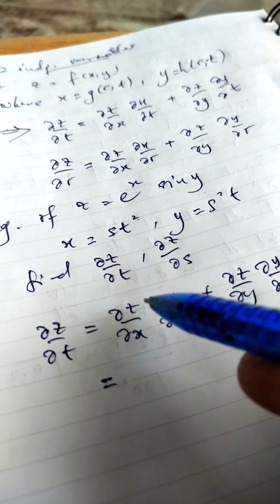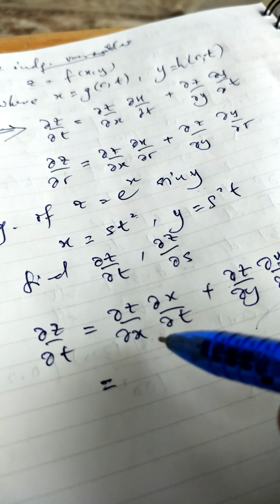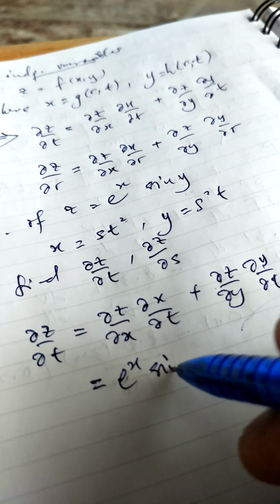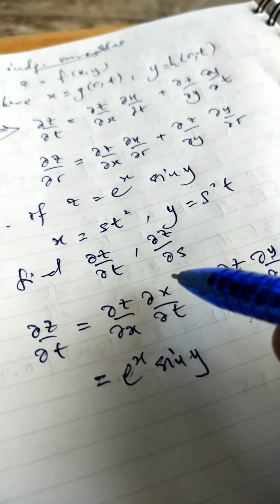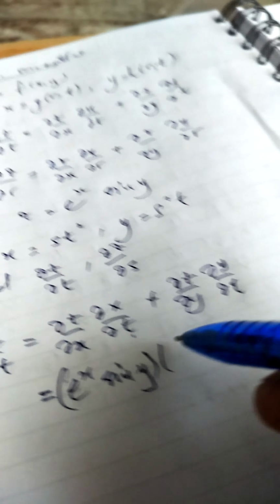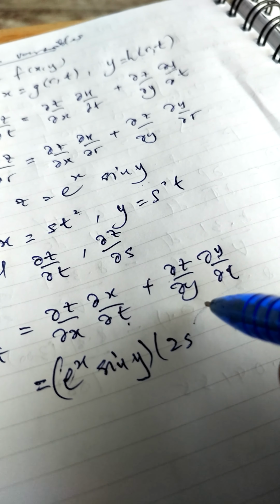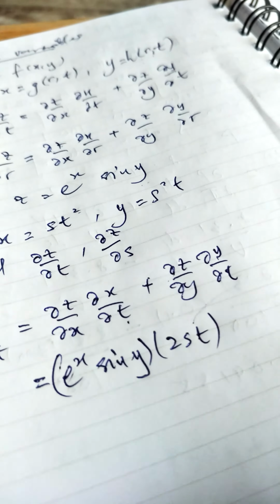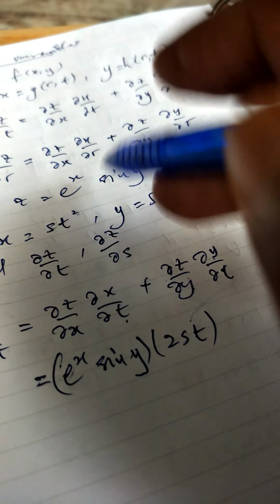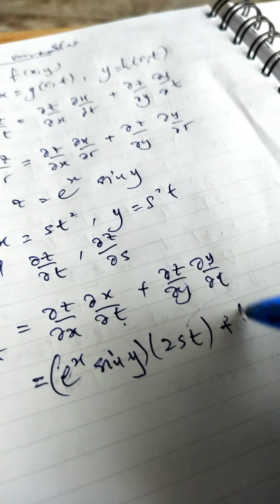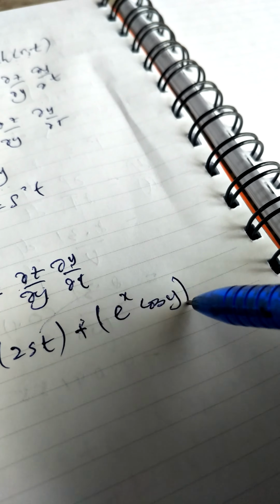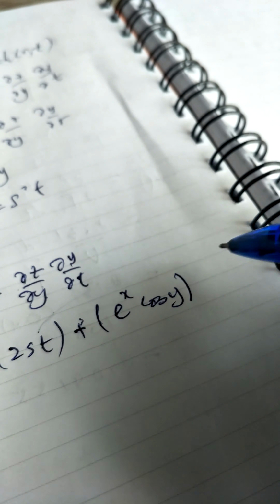This will give you ∂z/∂x is e^x sin y, ∂x/∂t is 2st, and what else? ∂z/∂y is e^x cos y, ∂y/∂t is s².